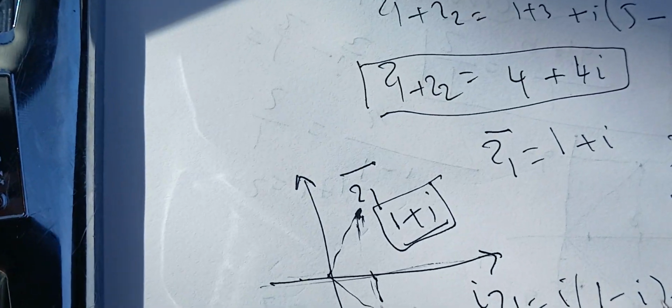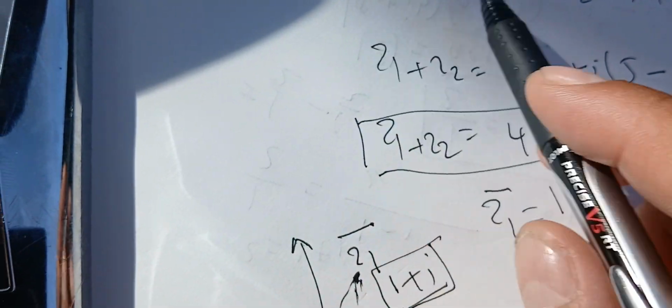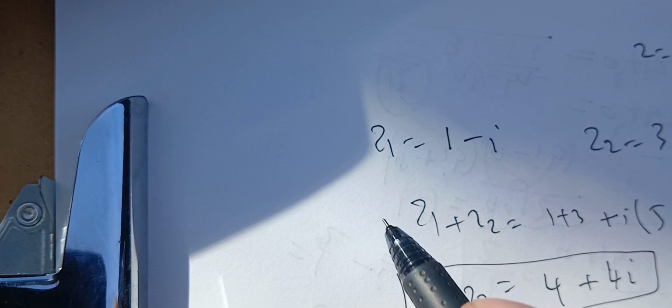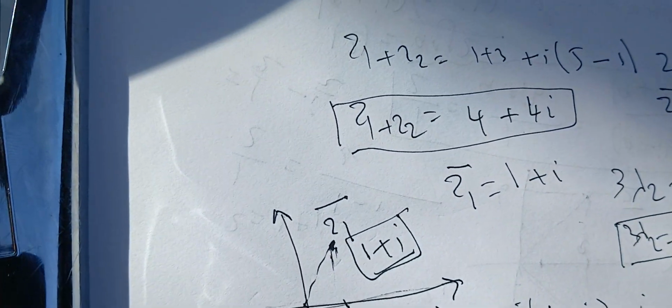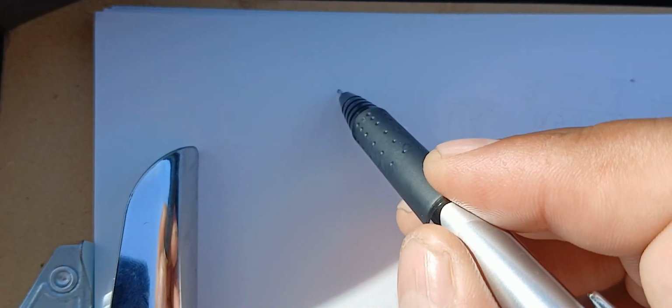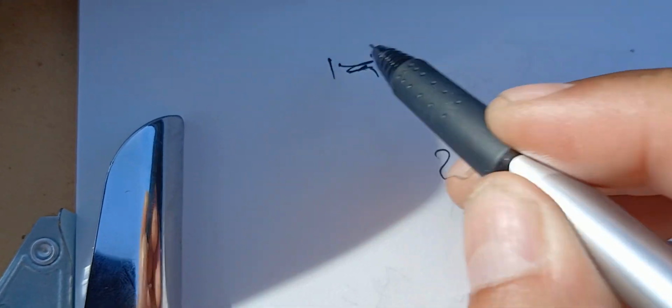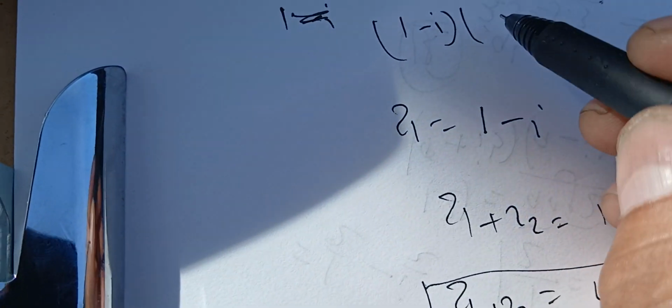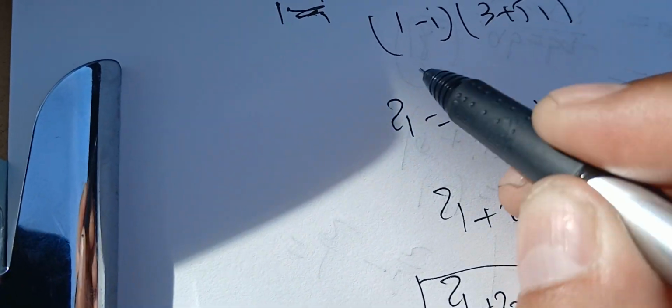Now what's z1 times z2? z1 times z2 is 1 minus i times 3 plus 5i.